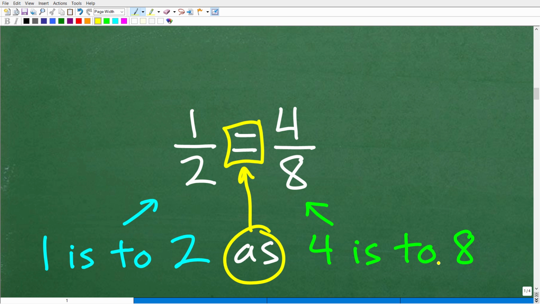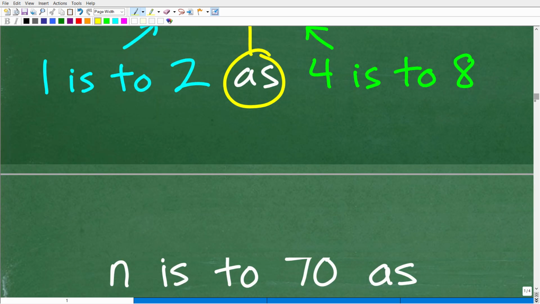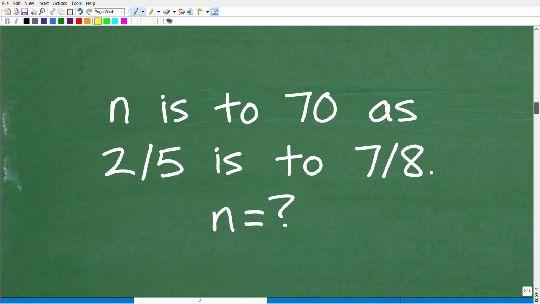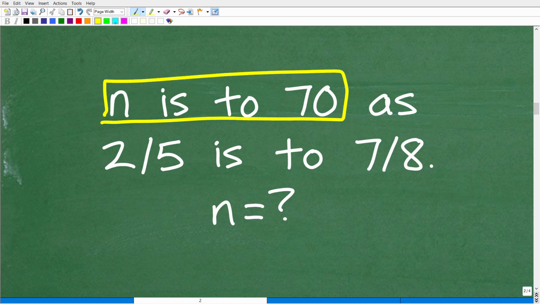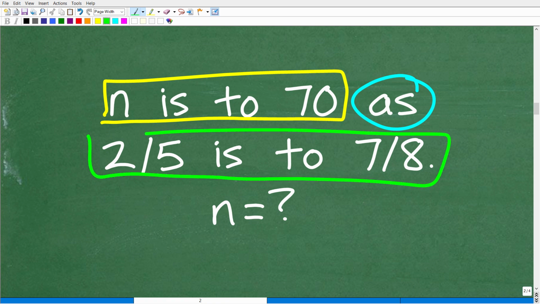Now, if you understand everything that I've talked about up to this point, then it should be pretty obvious what we're going to be doing in order to solve this problem. So n is to 70 as 2/5 is to 7/8. Now we just saw how we can write each of these as ratios, and the "as" is an equal sign.